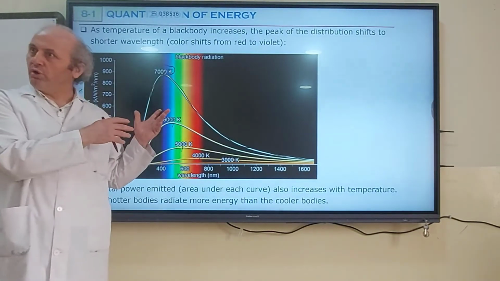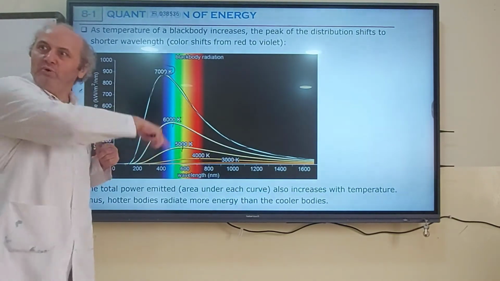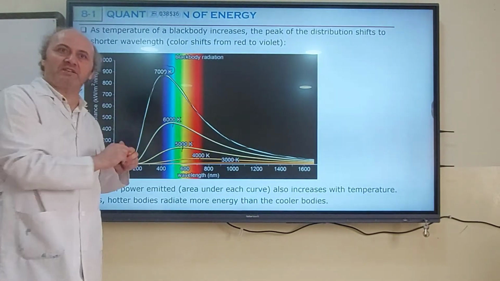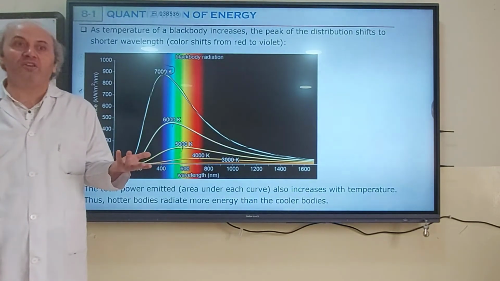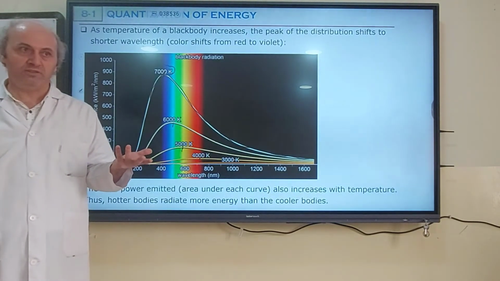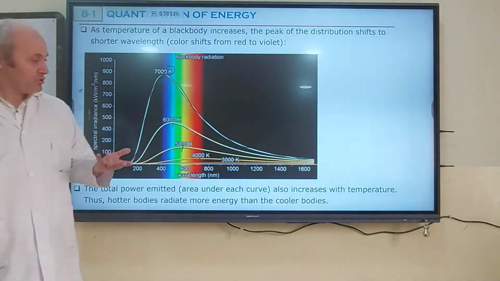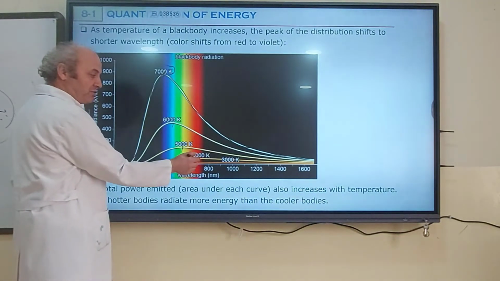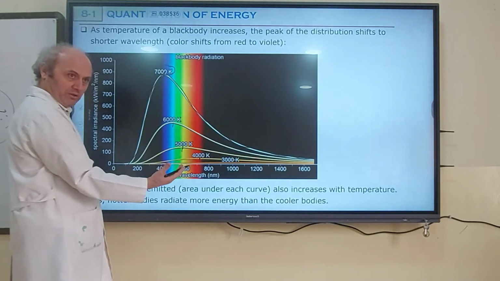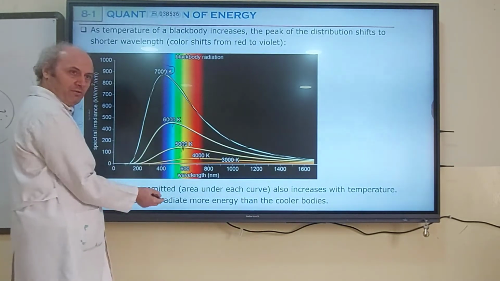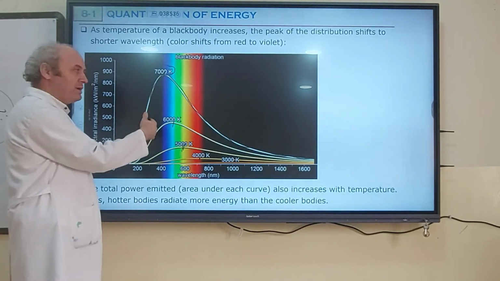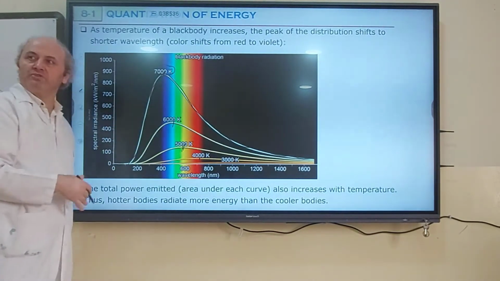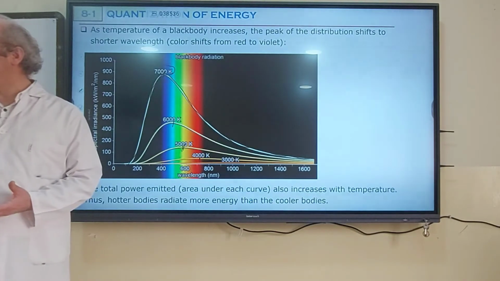Classical physics also said the same thing, but not on this curve, not on this experimental data. This experimental data also explains why there's a color shift as temperature increases. So the smallest temperature, 4,000 Kelvin, has a red color. 5,000 Kelvin, it changes from red to yellow. 6,000, it is blue. 7,000, the color of this radiation changes to violet.